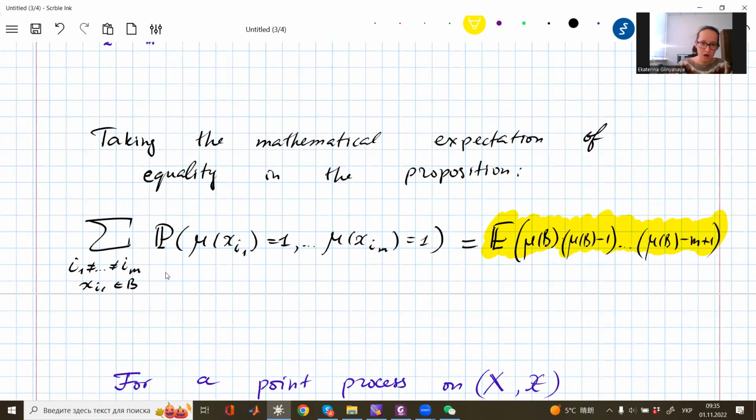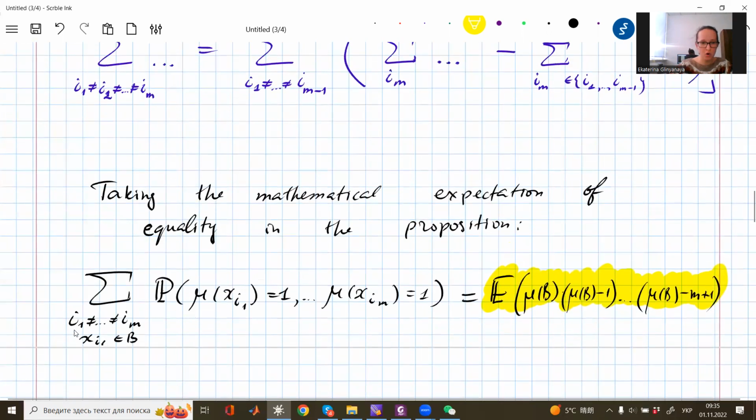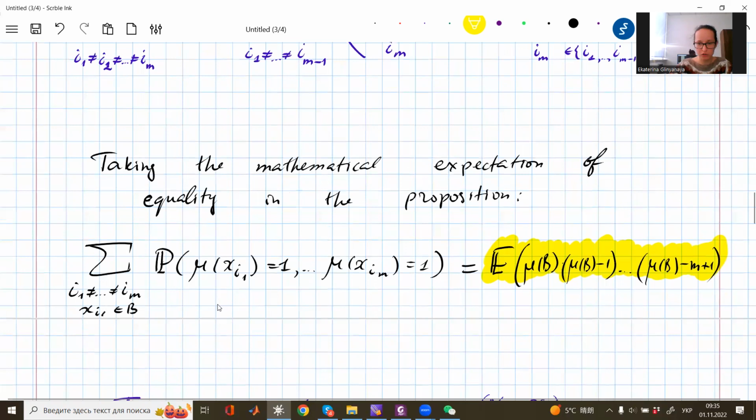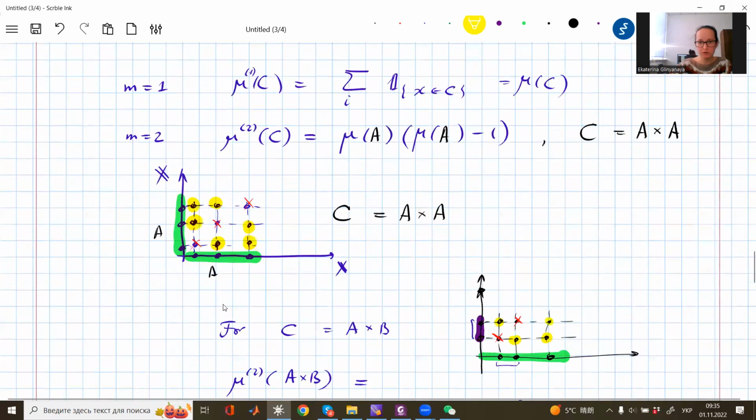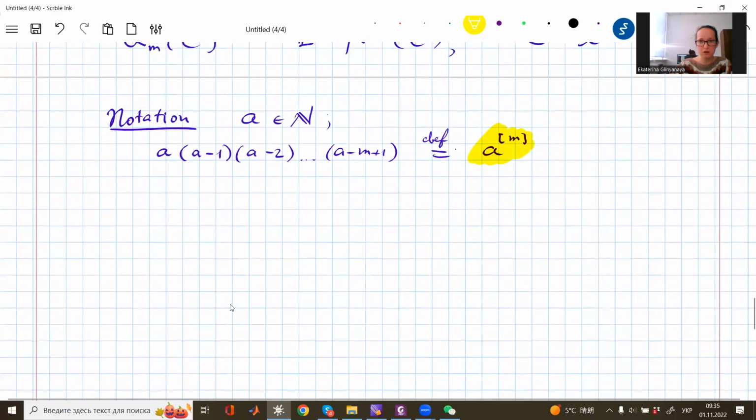So it turns out that it's much easier to work with summation over non-equal points for point processes. And this is an exercise for you for homework.